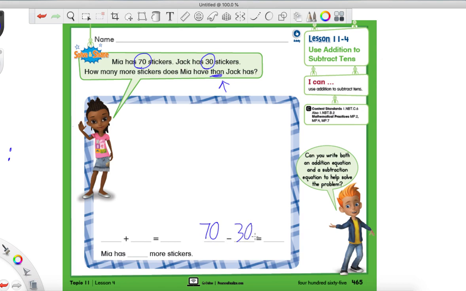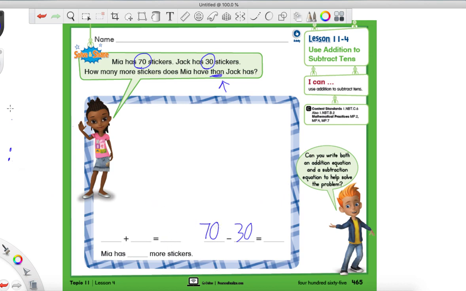Now what they really want us to understand for this lesson is that we can use an addition number sentence to help us solve a subtraction number sentence. And this is going to be a throwback, guys. I'm going to mention something from months ago. Long time ago. Do you guys remember related facts? Related facts means that we can use any addition or subtraction sentence to solve the other one.